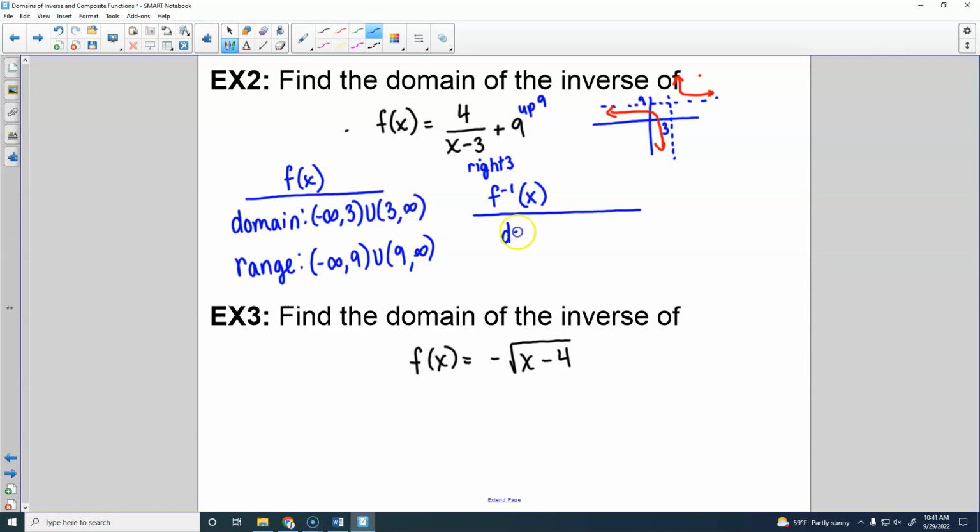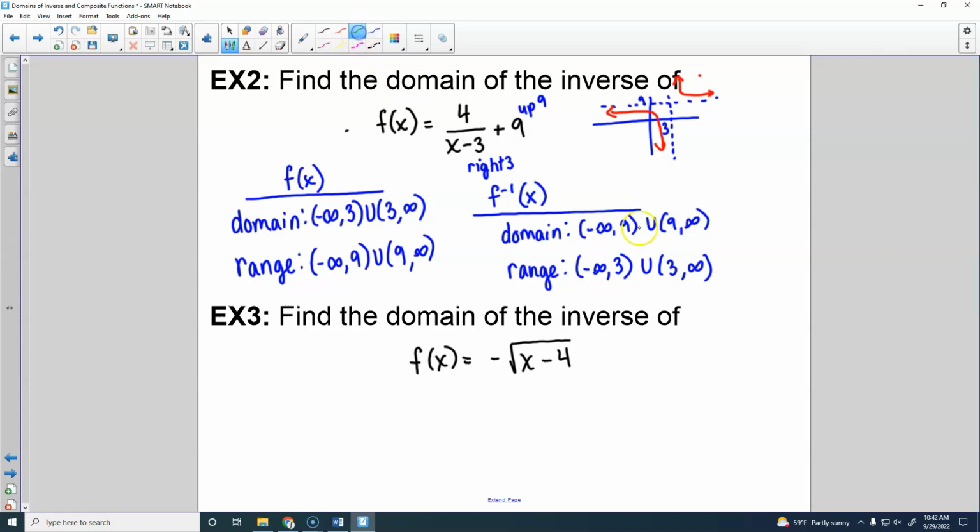So that means that those switch for the inverse. So it would be negative infinity to 9 and 9 to infinity here, and then negative infinity to 3 and 3 to infinity here.